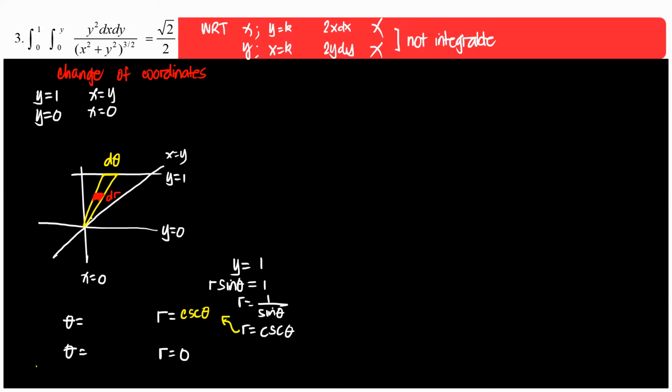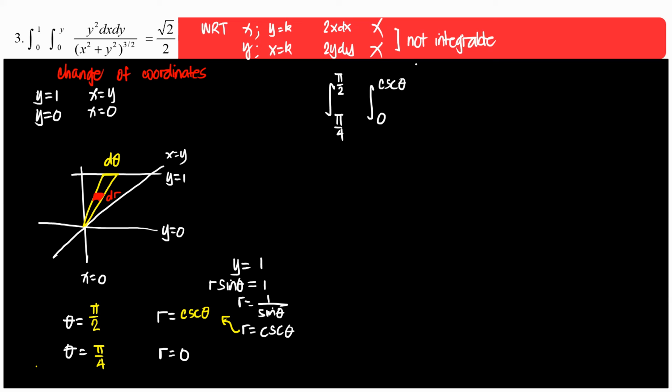And then the angles, basing it from this one, it's going to be from 45 degrees up until 90 degrees. The r limits would be from 0 to cosecant theta. The theta limits would be from pi over 4 up to pi over 2.